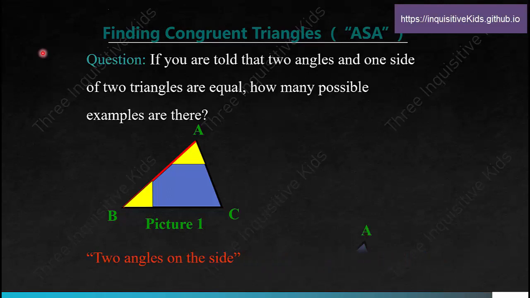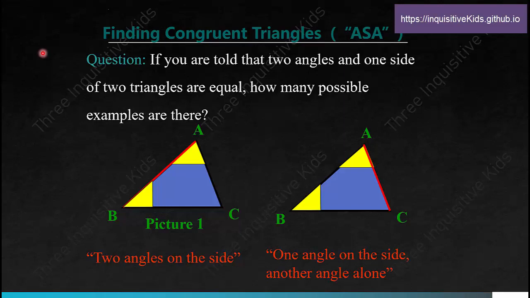So that's two angles on the side. Or maybe this could be the angle that's equal, this could be the angle that's equal, but this is the side that's equal. Or this one: one angle on the side, another angle alone. So basically, the side that's equal is the opposite side of one of the angles.